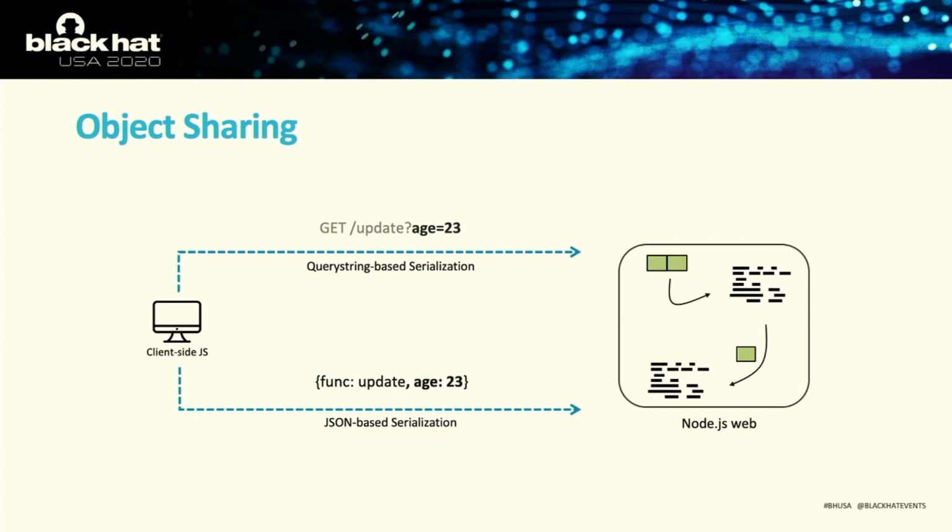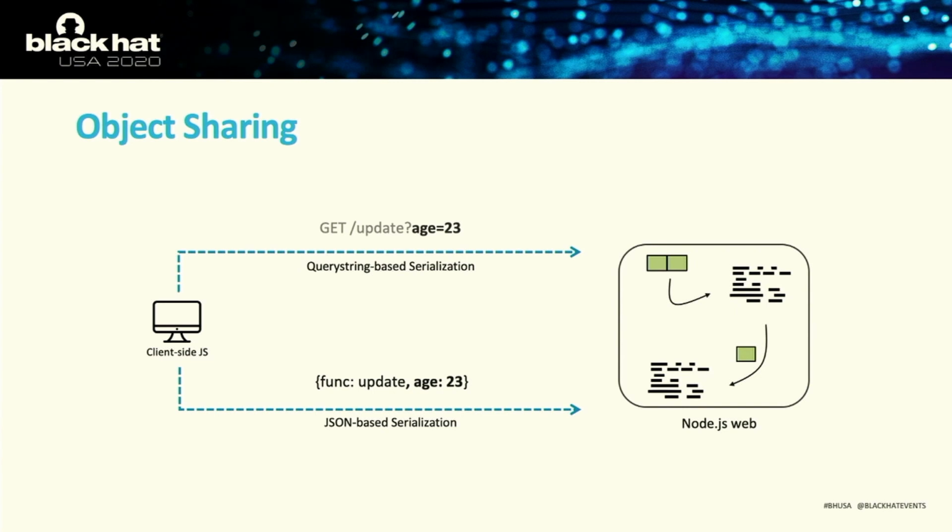The diagram demonstrates how object sharing is used. In the Node.js ecosystem, there are 2 major methods of serializing communication objects: query string-based sharing and JSON-based sharing. As shown in the picture, if the user wants to update the age information on a website, he may do this in two ways. First, he can send his data through the standard query string in the URL.